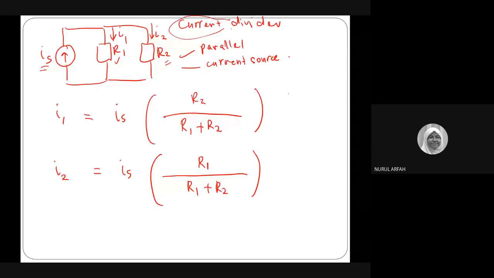Okay, what about the polarity, the positive and negative? Which one and which one? This one, we need to check. This is the current direction, right? And it's going to flow this way, and it will branch out to here and here. If we follow the current flowing like this, then this is plus.